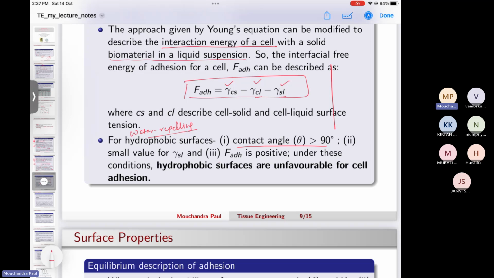That is why you will see water droplets forming beads on hydrophobic surfaces. Also, on these surfaces, the surface tension for solid-liquid is a very small value, and the free energy of adhesion for a cell is positive.